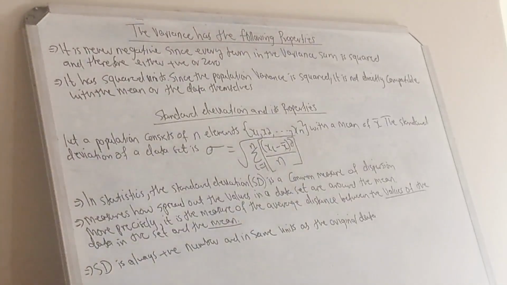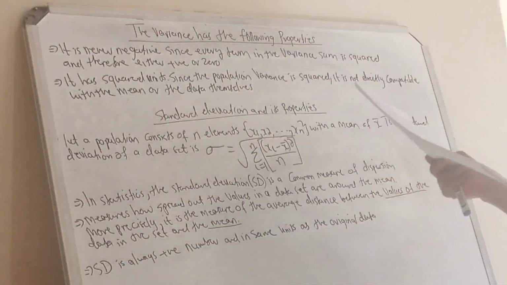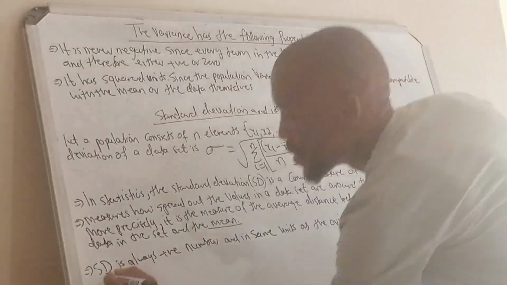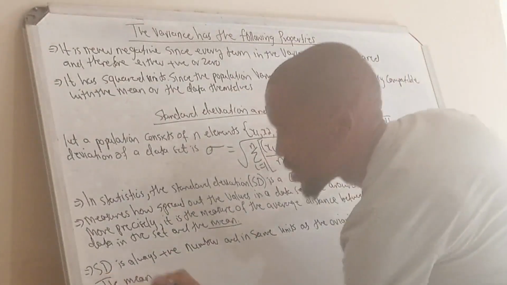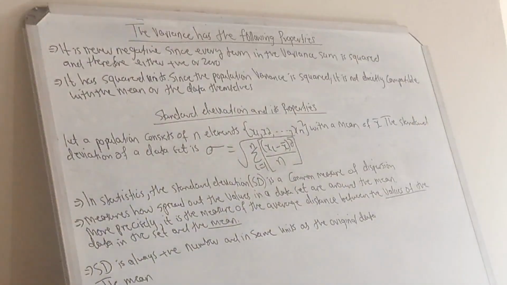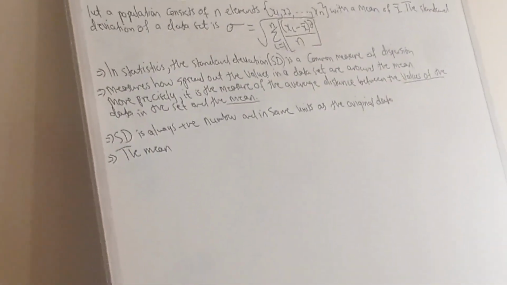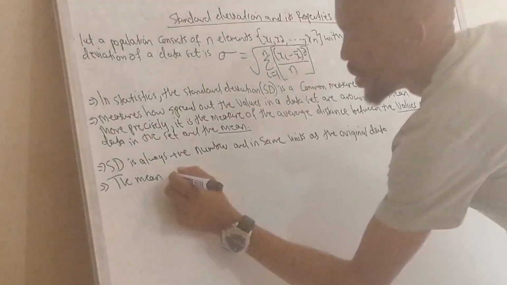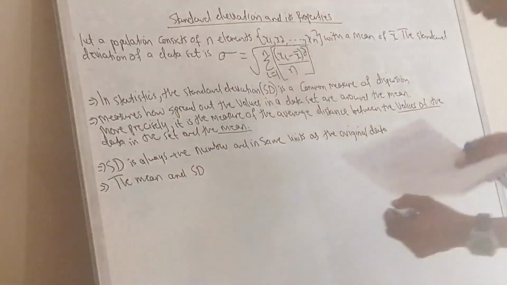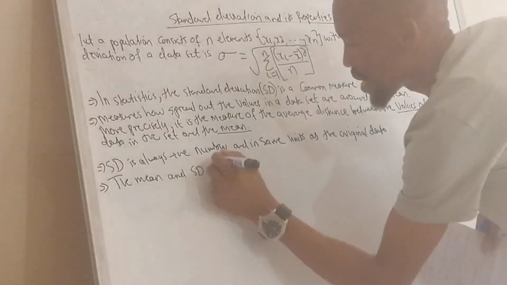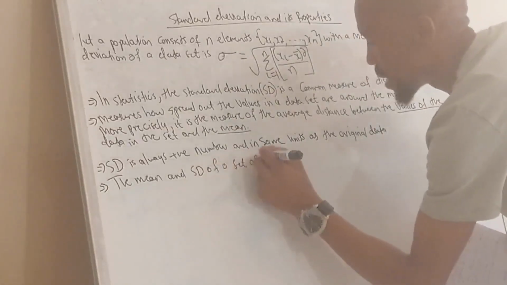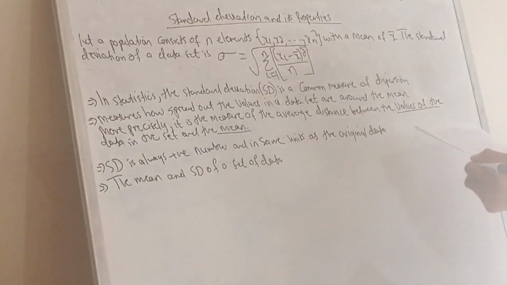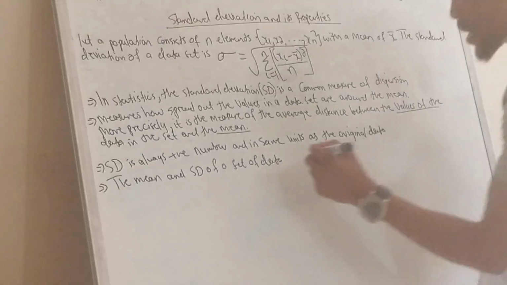Right. The last property: the mean and the standard deviation of a set of data are usually reported together.